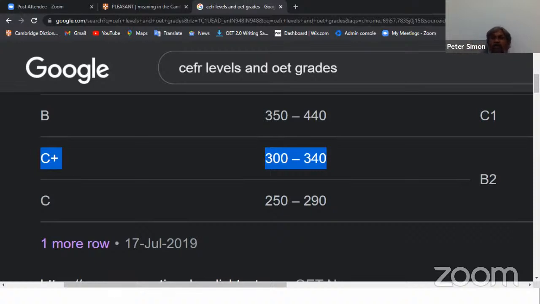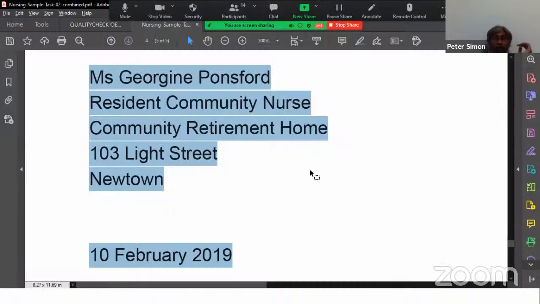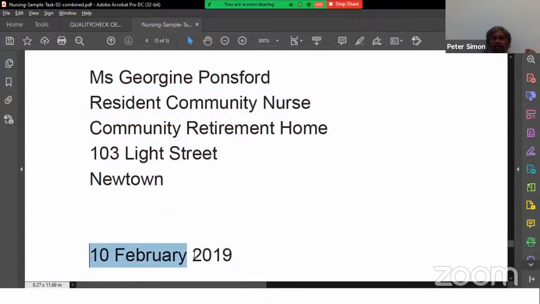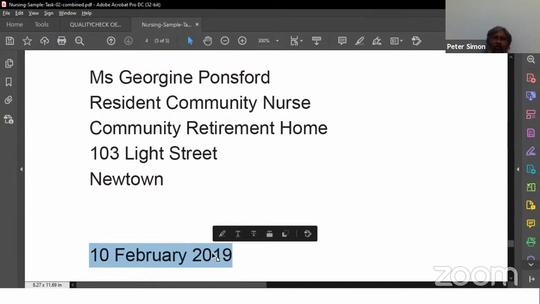Right. That's enough for this. And then, so I told you, go to the official OET. Where is the date? Is it after the address or before the address? Okay.